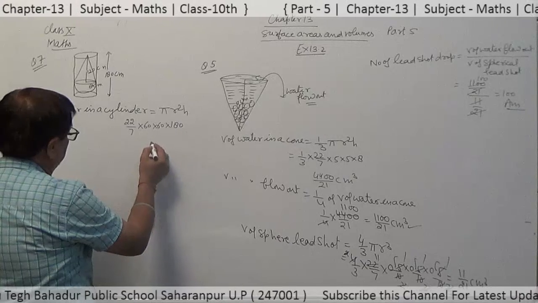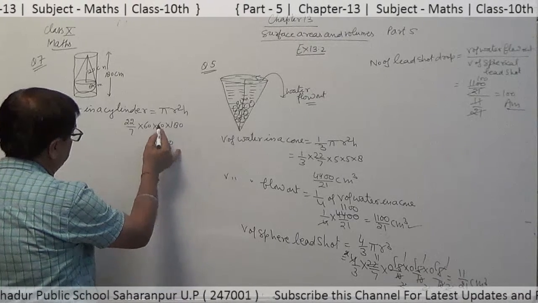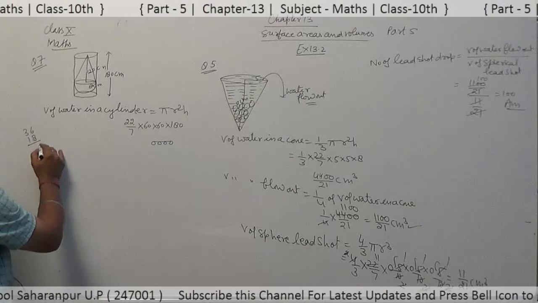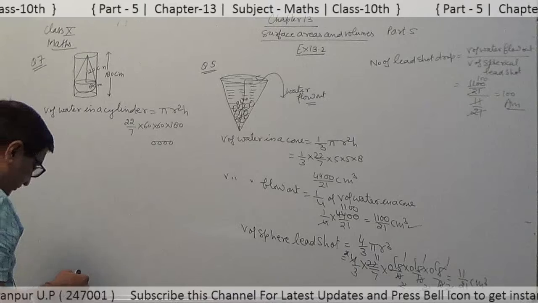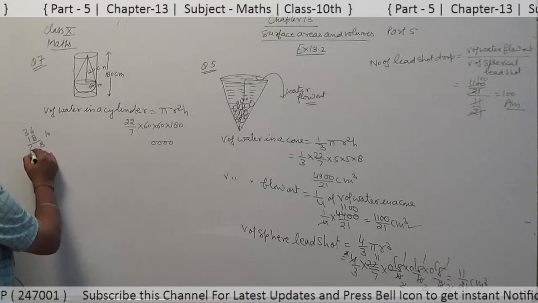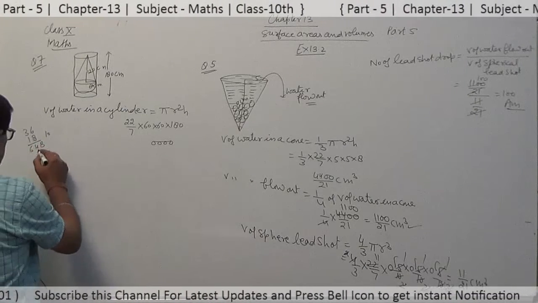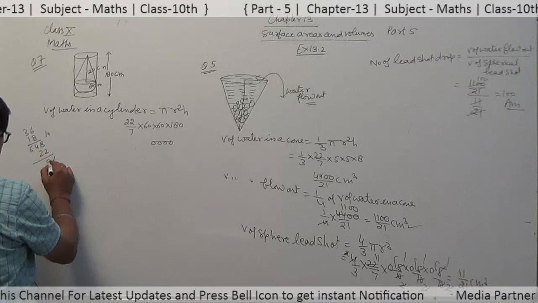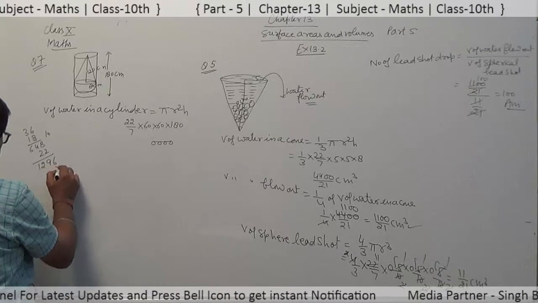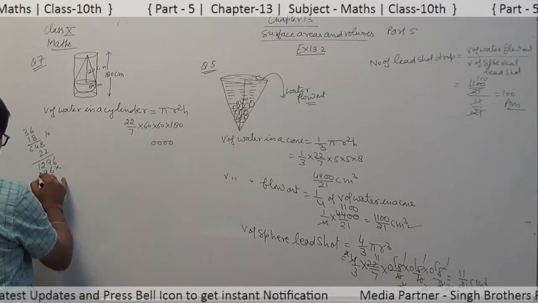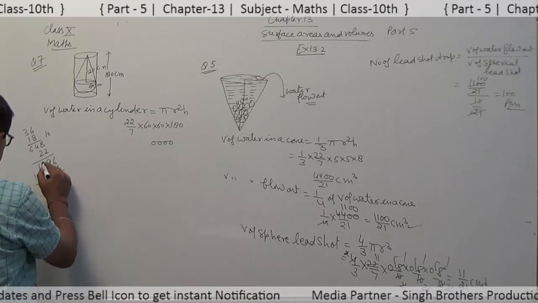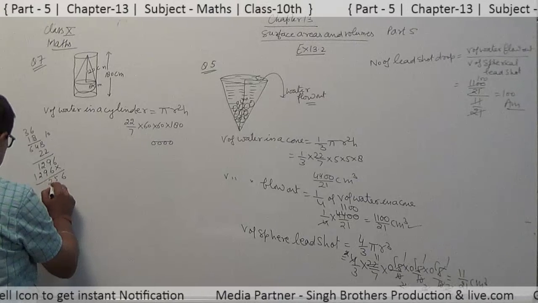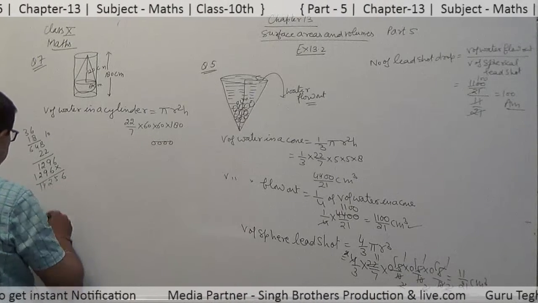So there will be 4 zeros. 6 sixes are 36, 18 sixes are 108, and so on.